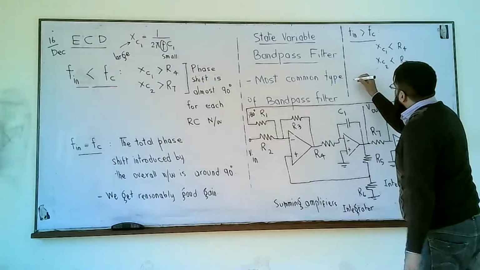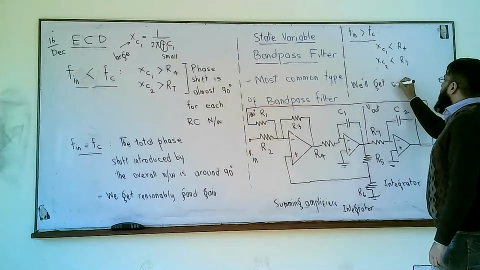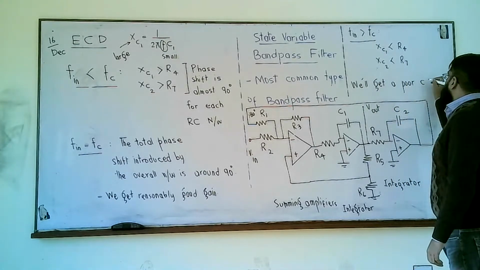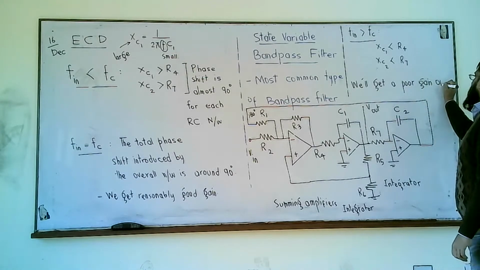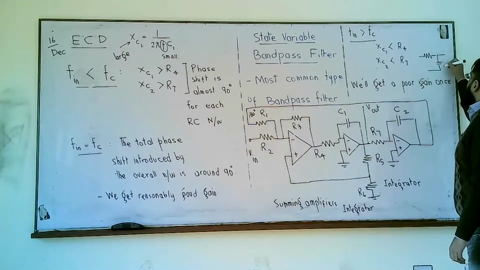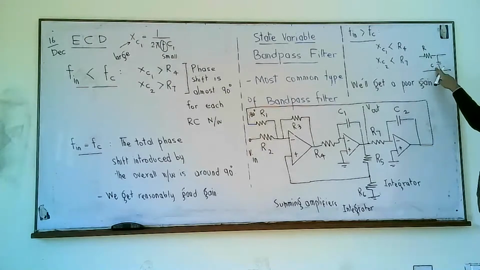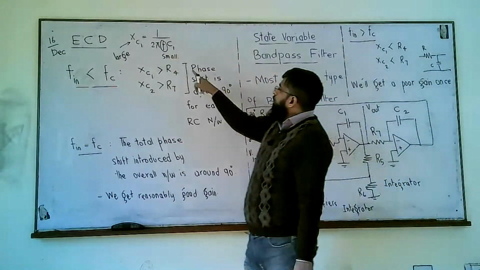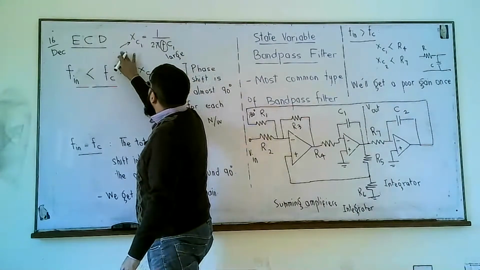So we will get a poor gain once again, because for this network, if we are measuring output across a capacitor, and if we are working at very high frequency, this capacitive reactance is negligibly small, because if F is large, this is very small.